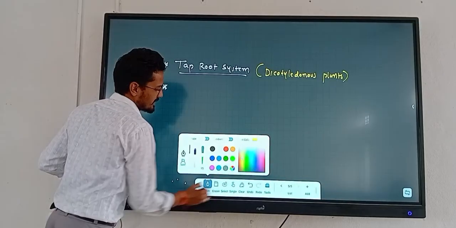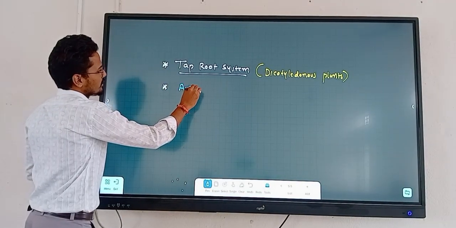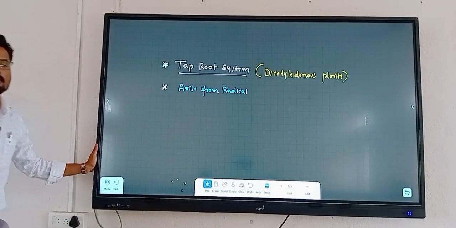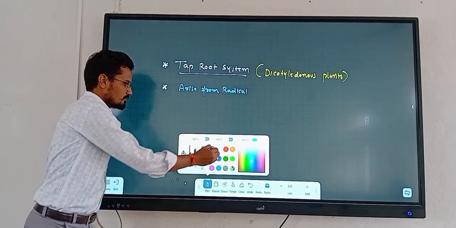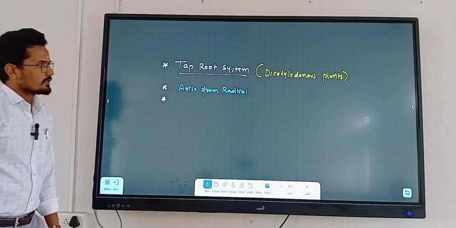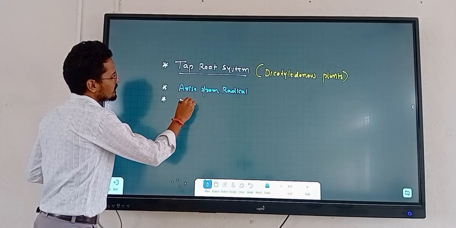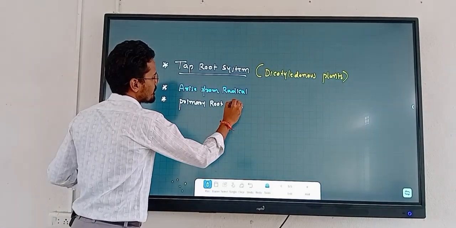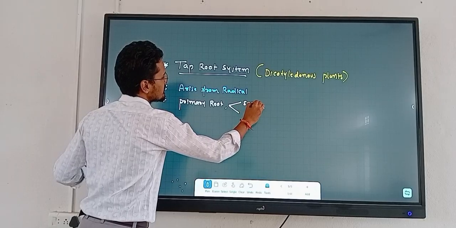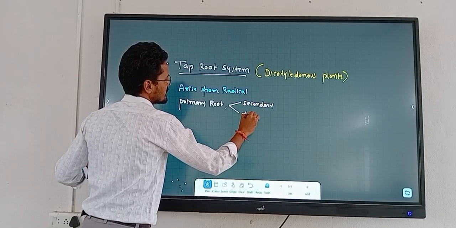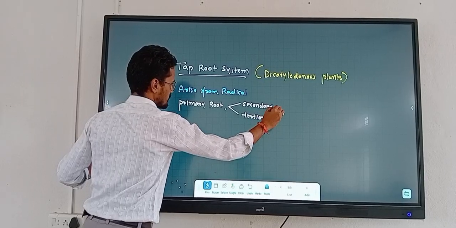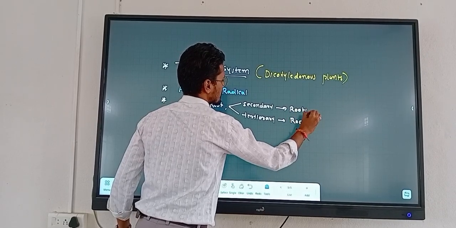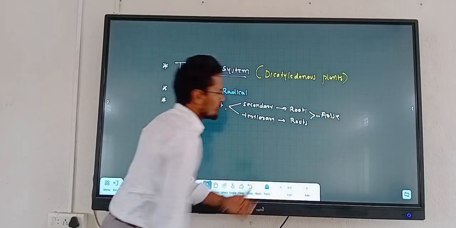The taproot system has a primary root, and from that primary root secondary roots will arise, and tertiary roots will arise. We'll see the diagram.